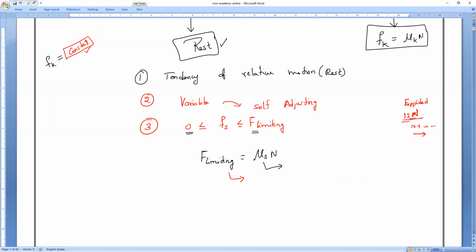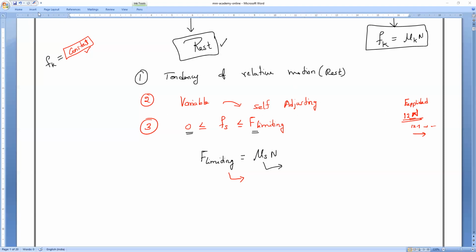So up to 12 newtons, there is no motion in the body. That is the maximum friction where the body is almost ready to move. So remember, when the body is posing maximum friction, anybody can tell? When it is ready to move, keep this point in mind.